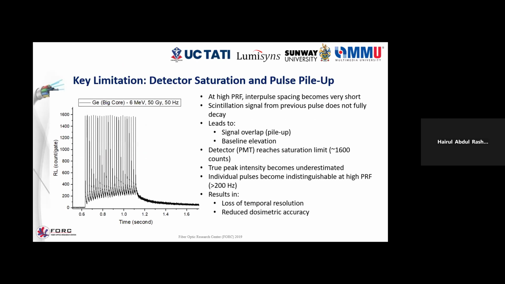The other observation we made was that the PMT had reached a saturation limit of 1,600 counts. The true peak intensity becomes underestimated in this case. So the individual pulses become indistinguishable at a high PRF of 200 Hz, resulting in loss of temporal resolution and reduced dosimetric accuracy.